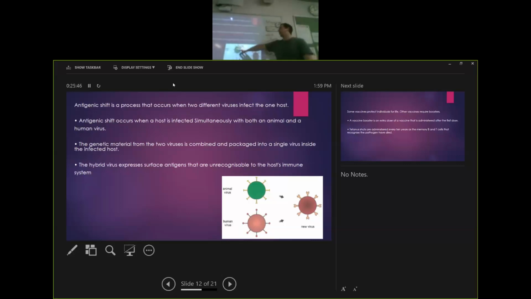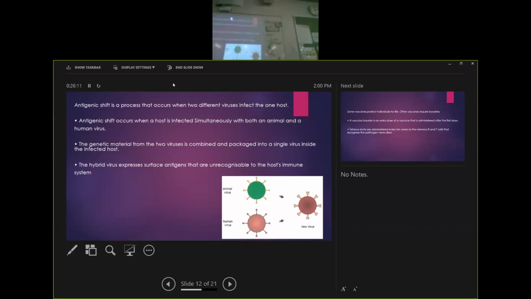The problem from that is that the animal virus contains things that our body doesn't recognize at all, and they can be quite deadly. And that's what this COVID-19 one is. They think it's a combined virus, and that's why it's quite a deadly thing.